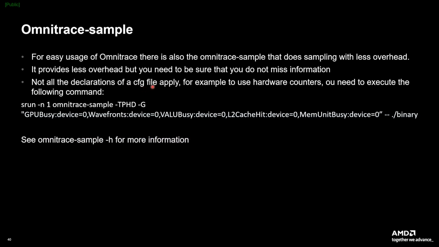For example, in order to use the counters, I have to run the command like that. omnitrace-sample is like a trace profile, host, devices. The counters are declared like here, in the binary. So this is how it works with omnitrace-sample. That's it; there is a lot of information about what to do, etc.